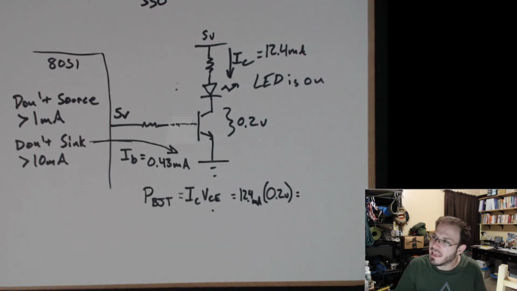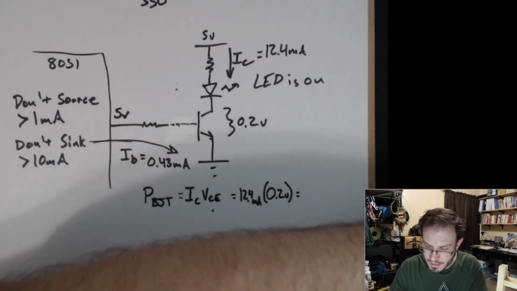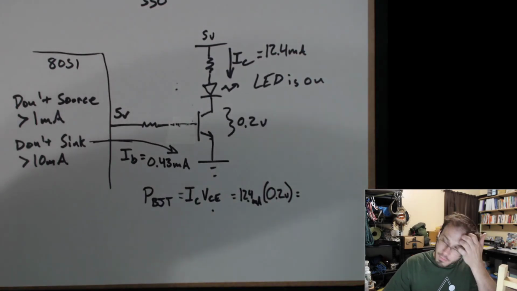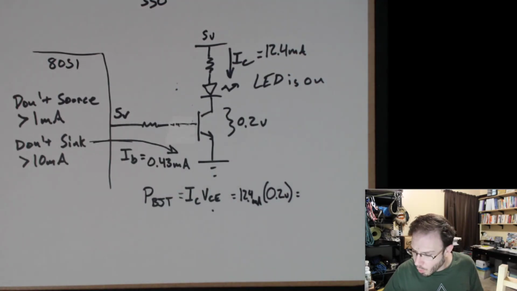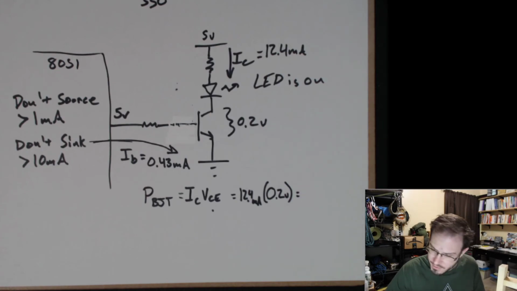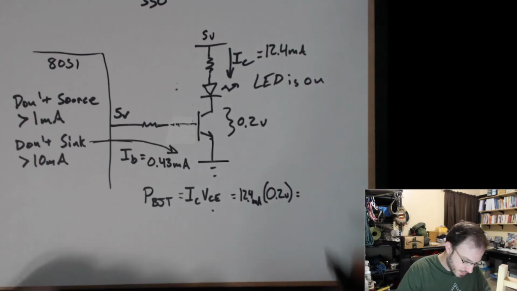So what do we end up getting for the power dissipated? Well, let's calculate that out. Now, 12.4 milliamps is 0.0124 amps, times 0.2 volts gives us 2.4 milliwatts.